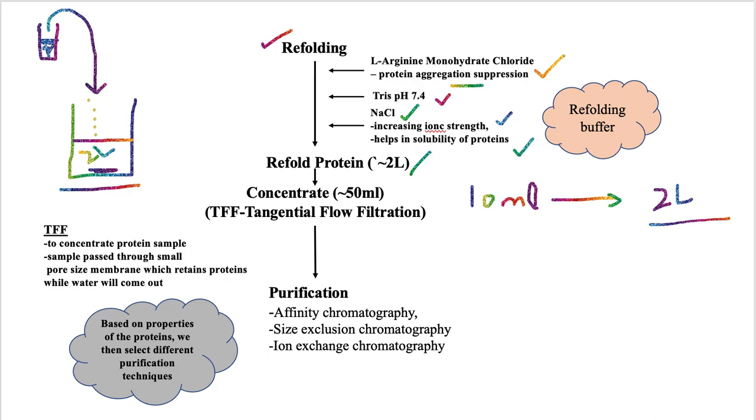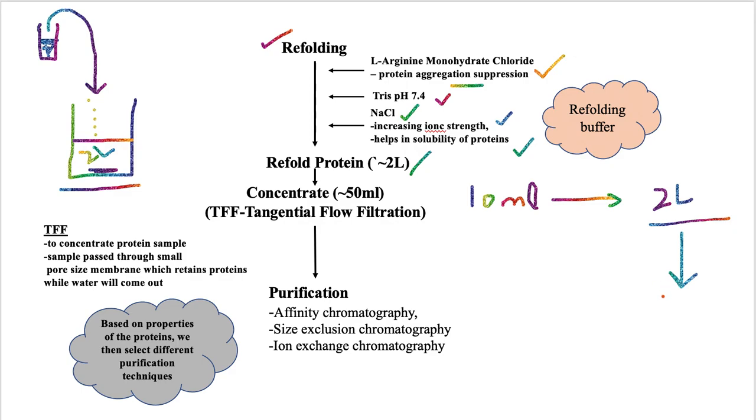Okay, so the next step is to concentrate that 2 liter into a required volume depending upon the need of the researcher, because we started with 10 mil unfolded protein and we refolded it in 2 liter, which is a very diluted form of the protein, and we need a protein in a concentrated form in order to do different types of experiments with that.